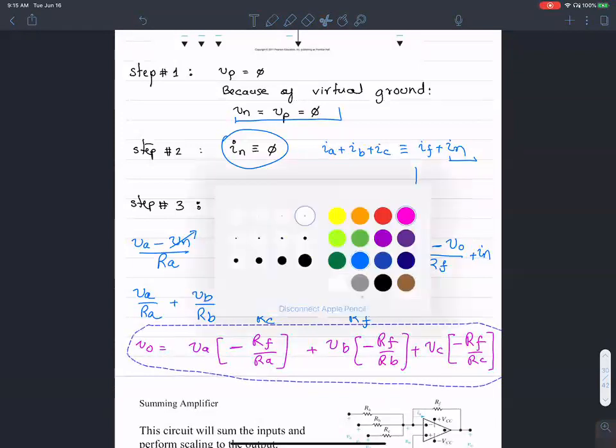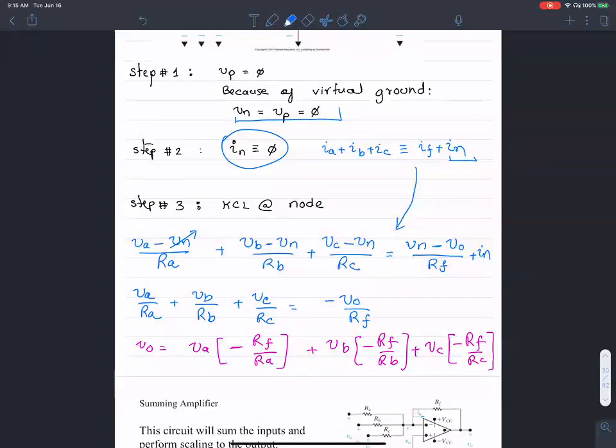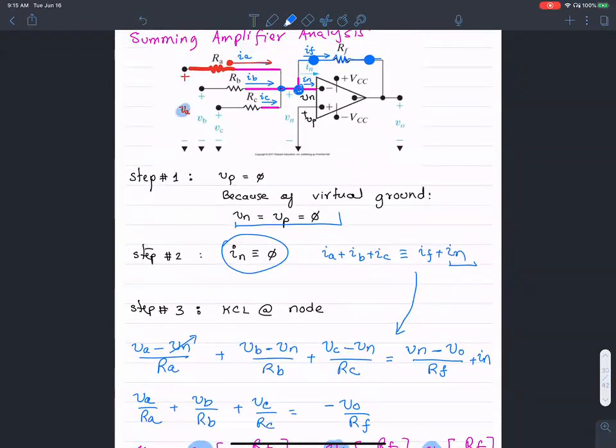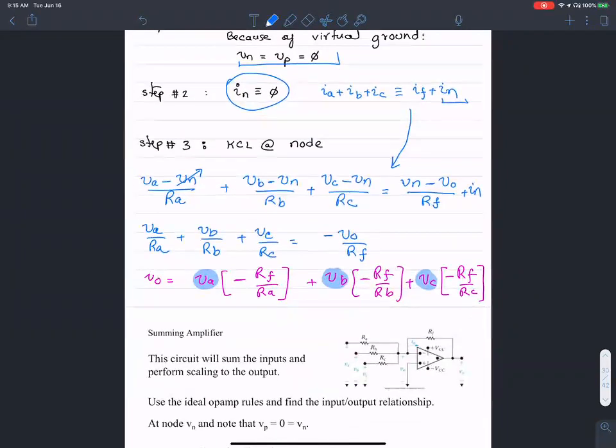Yes, it does. Now the idea is I'm applying 3 inputs, VA, VB, and VC. And what's the resultant output? Just give me a second so I can clean this up a touch. The resultant output is going to be that.